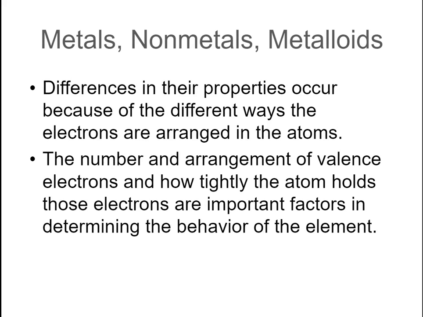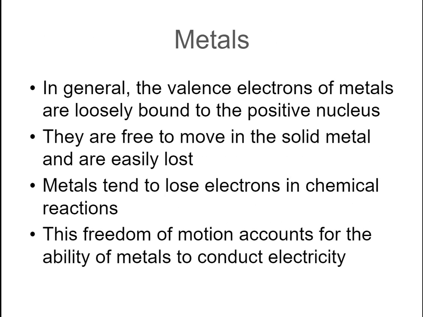Differences in metals, nonmetals, and metalloids. Differences in their properties occur because of the different ways the electrons are arranged in the atoms. The number and arrangement of valence electrons, and how tightly the atoms hold those electrons, are important factors in determining the behavior of the element.